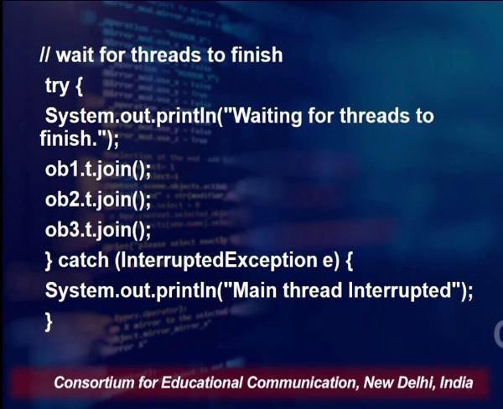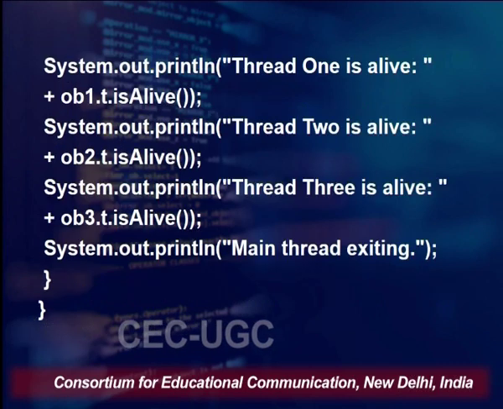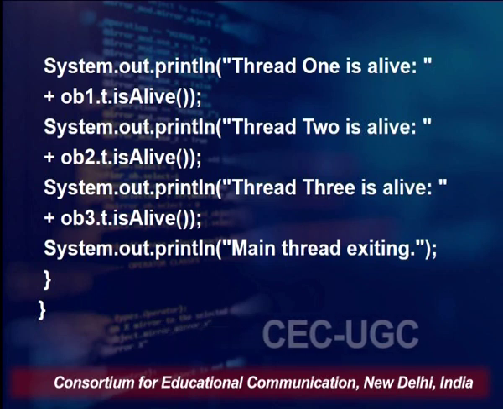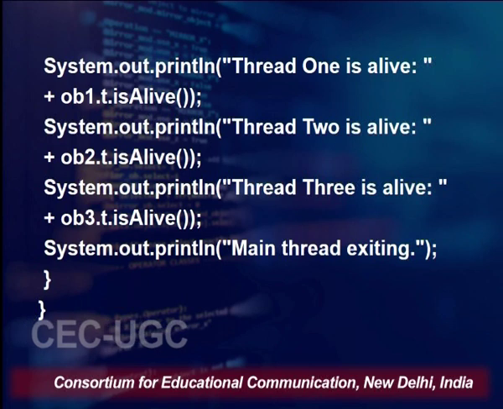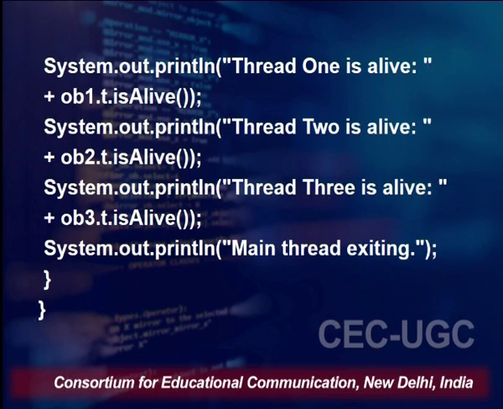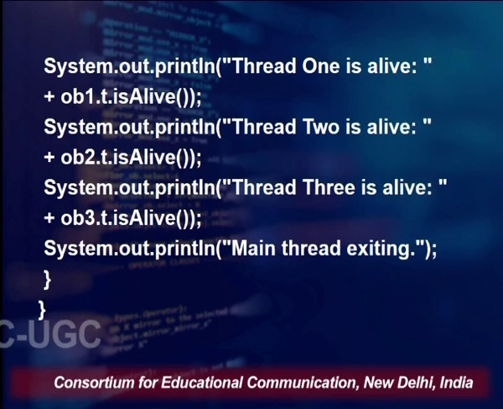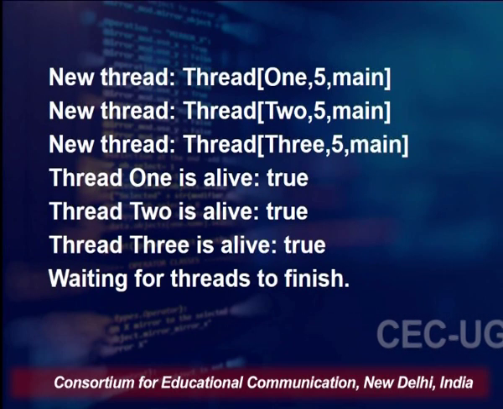And then again, to verify, we checked and printed whether these threads are alive. So basically, when we run this program, we will have the status of whether these threads are alive, yes or no, before calling the join method as well as after calling it. So the output will be something of this sort.